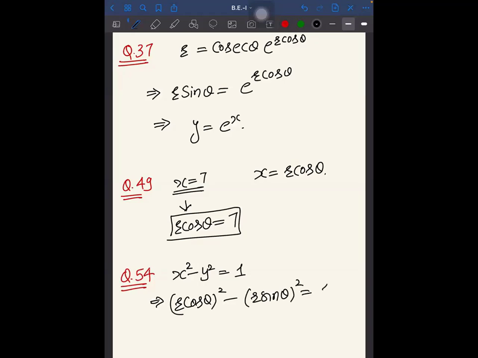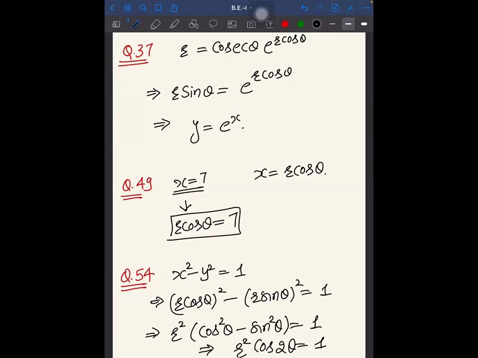A little simplification is required: r square cos 2 theta is equal to 1. You're with me? Okay.